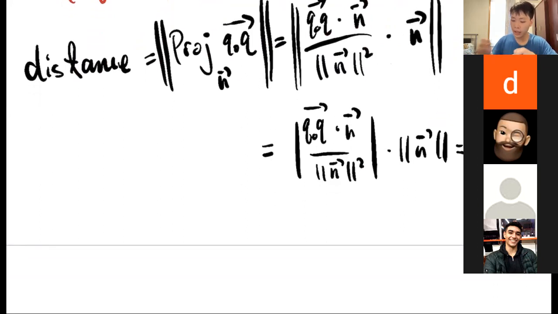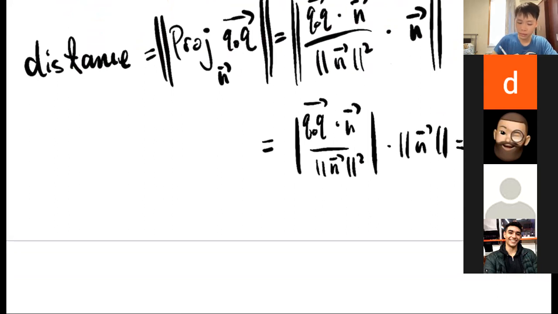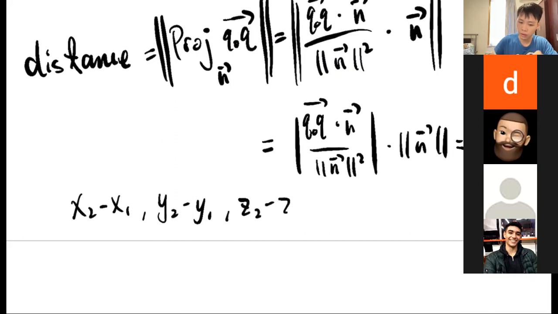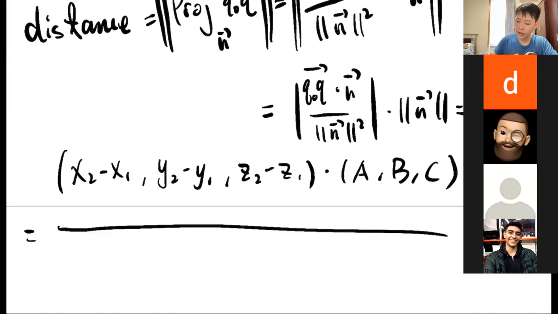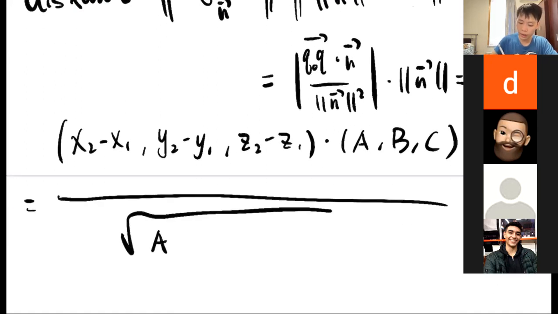All right. To write it down explicitly, Q0Q is x2 minus x1, y2 minus y1, z2 minus z1, dotted with a, b, and c. The norm of n is the square root of a squared plus b squared plus c squared.